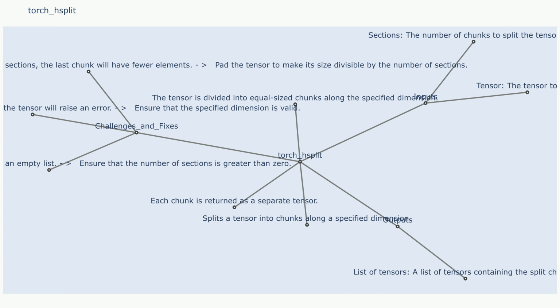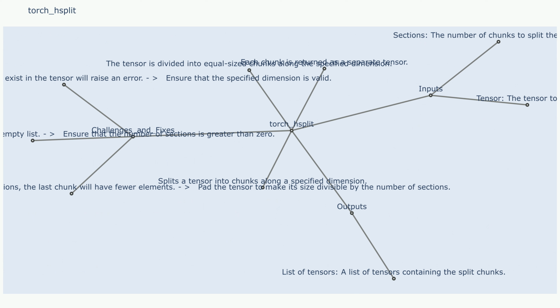Challenge 2: invalid sections input. Providing an incorrect input for the sections parameter, such as a negative number or a list of integers with invalid indices, will result in an error. Sample use case that resulted in challenge 2: torch.split(tensor, -1) or torch.split(tensor, [2, 6, 1]) where tensor has only 5 columns.